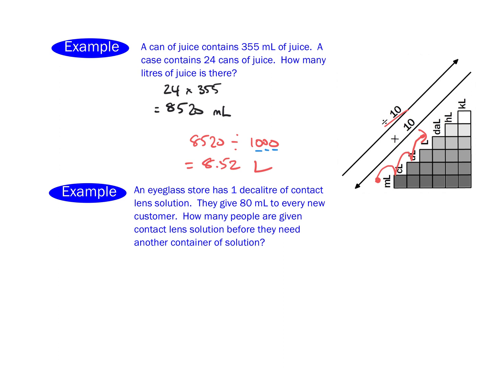And we have one last question to do here. An eyeglass store has a deciliter of contact lens solution, and they give out 80 mils to every new customer. How many people are given contact lens solution before they need to get another container of solution? So what we need to do is take a look at the two different units in this question.